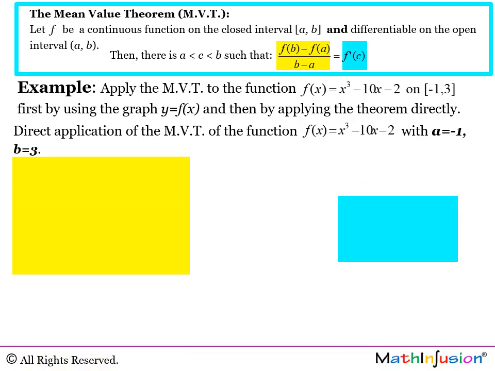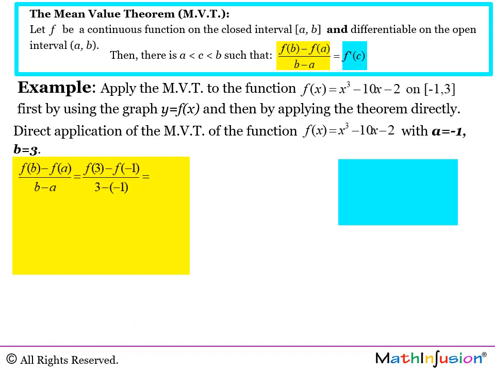So first, let's start with substituting (f(b) minus f(a)) over (b minus a) when b equals 3 and a equals -1. We will find f of 3 and f of -1 by substituting 3 and -1 in the function f.